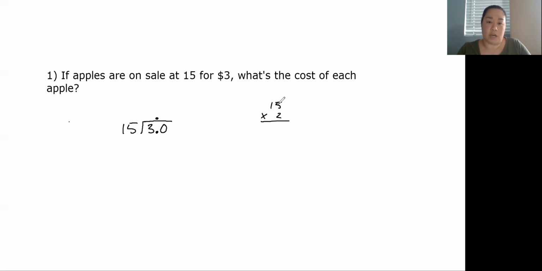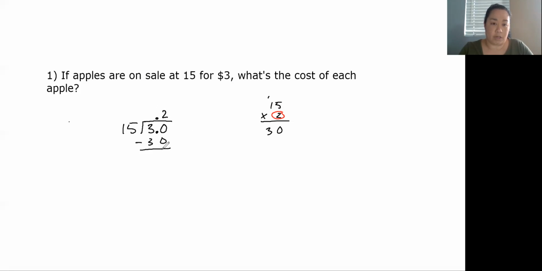But 15 two times: 2 times 5 is 10, 2 times 1 is 2, plus another 1 is 30. So that means it goes into it 2 times, right? So that goes here. You don't really have to finish it off because we know, but if you want to, 2 times 15 we figured out was 30, right?